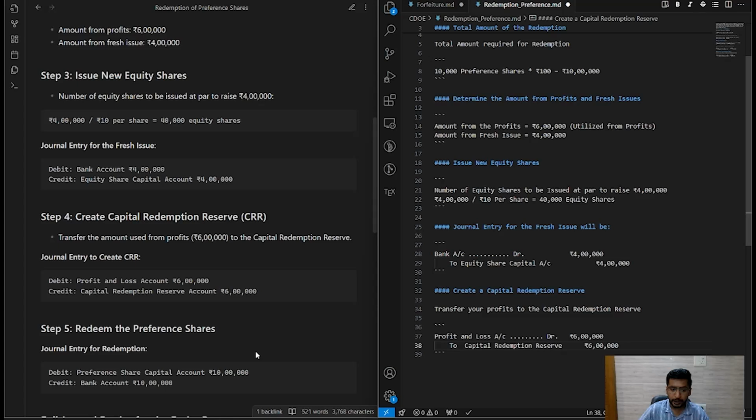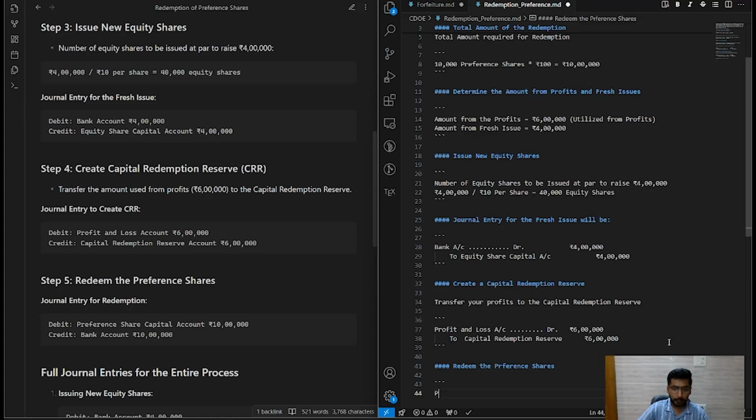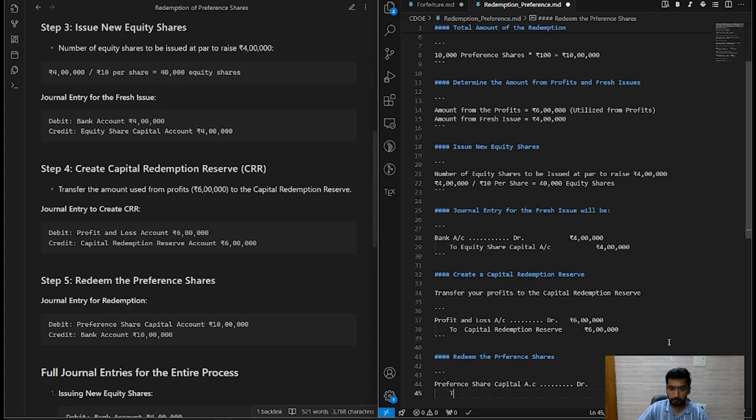Then we will redeem the preference shares. So the journal entry for the redemption will be preference share capital account debit to bank account.